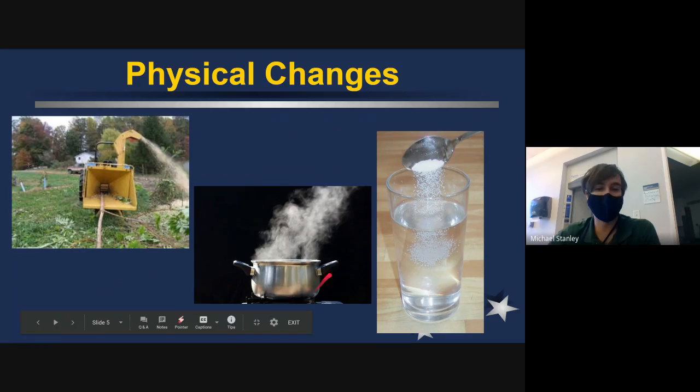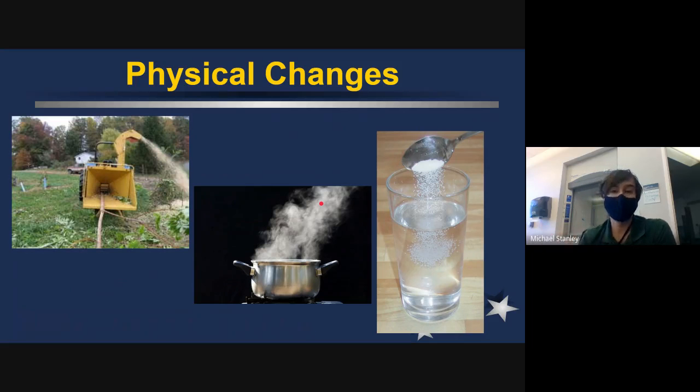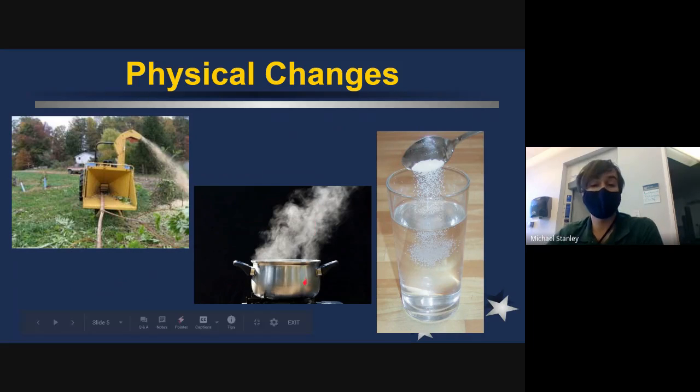We've got water in our pot right here. We've got water that's floating through the air as a gas. It's a physical change because it didn't turn into anything new, anything different. It's water in here and it's water out here. We just changed how close together those particles were. They used to be close together in a liquid. And then when we boiled it, we separated them far apart and turned it into a gas.